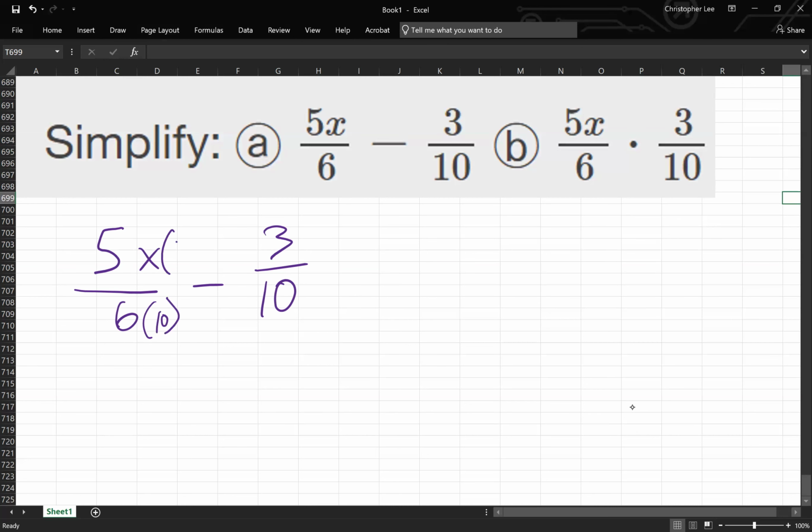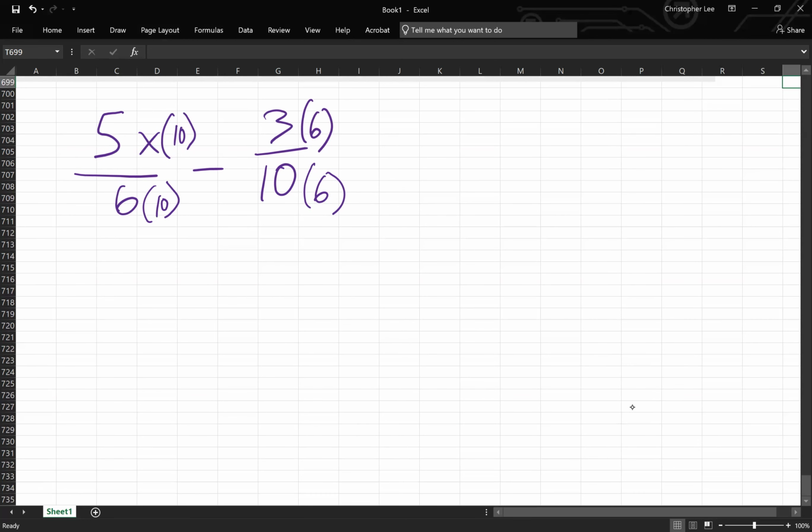What I do to the bottom, I do to the top. I see 6, I'm multiplying it by 6, same thing. And what I do to the bottom, I do to the top. So I'm gonna end up with a larger answer, but it can be reduced. That's the trick, right?